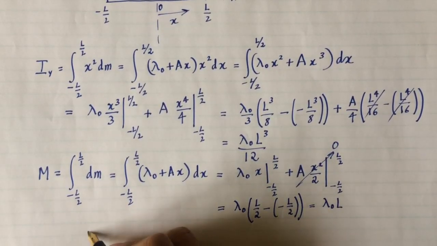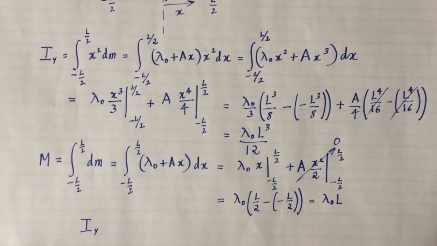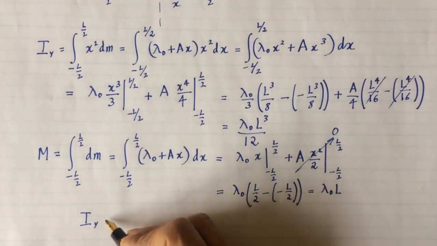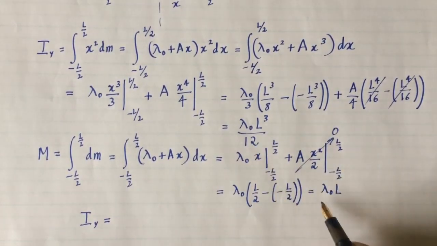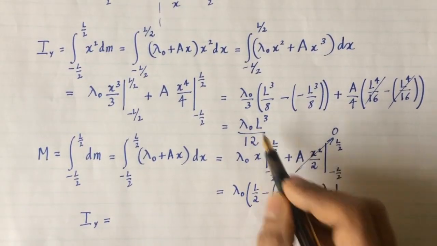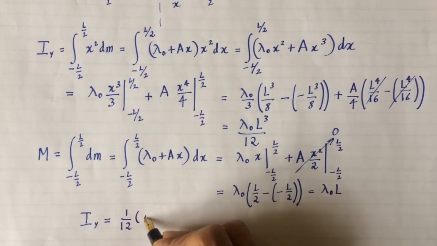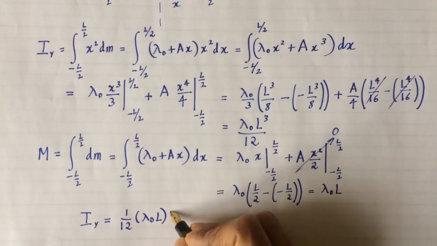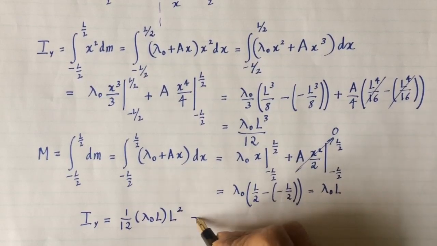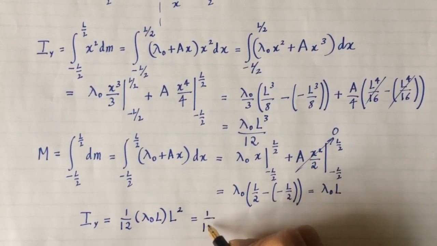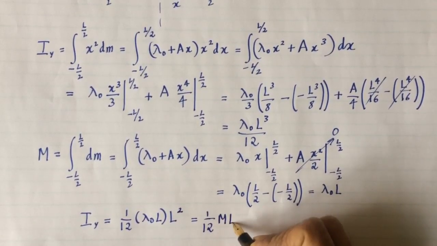So I can finally write my moment of inertia in terms of the mass. So that's here. What I'll do here is I'll take lambda naught L common outside, and then L squared, and that's 1/12 m L squared.